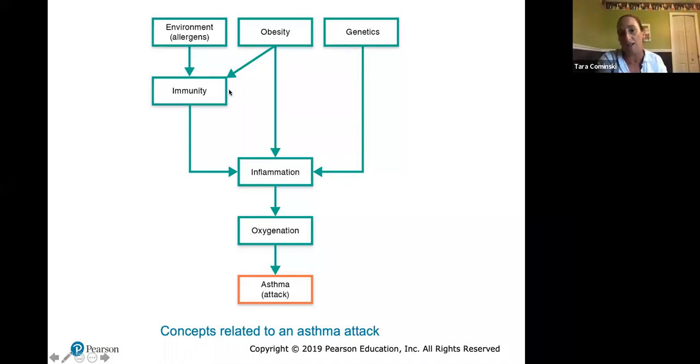You can have this genetics arrow going to immunity too, where for some reason you have a genetic predisposition to have more inflammatory molecules around, or the immune system is just behaving a little bit differently. And so when you're presented with an environmental allergen, the response that's mounted is a lot stronger maybe than somebody else's. Okay, does that answer your question?